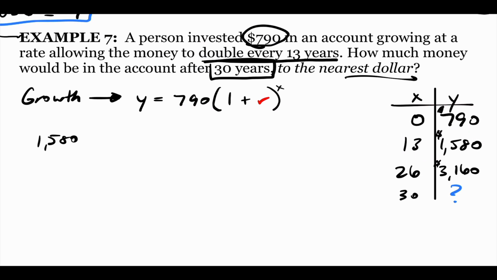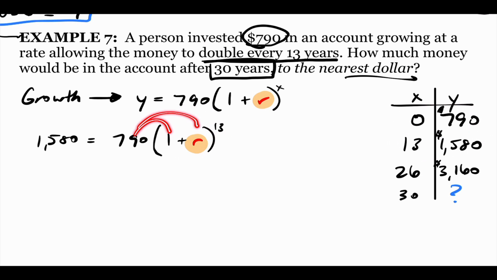So 1,580 equals 790, 1 plus R to the 13th power. I can't add R and 1. Can't do it. Can't do 13th power if I can't add them.